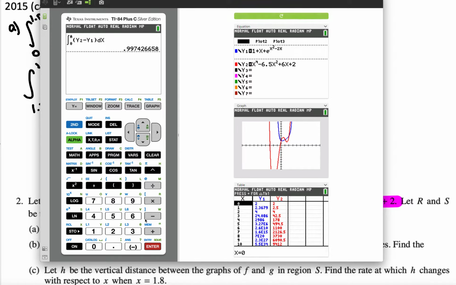And the second one plus, it's going to be 2 was the top. Oops. Bottom was a, alpha a. And then it was y sub 1 minus y sub 2, because it's the other way around.